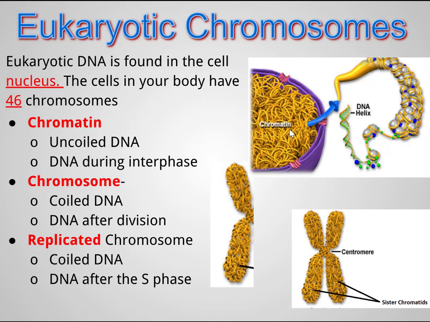So we go from spaghetti to a chromosome to a replicated chromosome. Okay, so this is our coiled DNA, and this is DNA after the S phase in interphase, which we're going to get into a little bit more. Okay. So we have three different kinds. Now, if you look at this picture over here, we have what's called a sister chromatid, and that means that these guys are sisters, that they are identical.